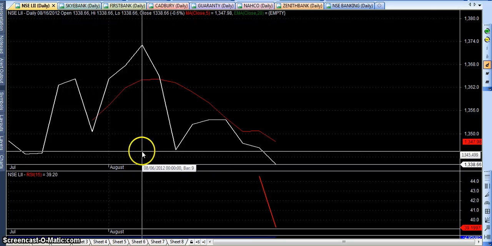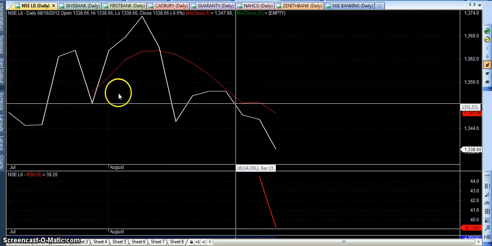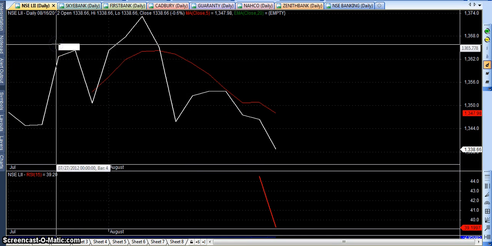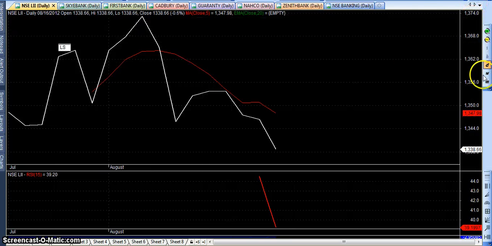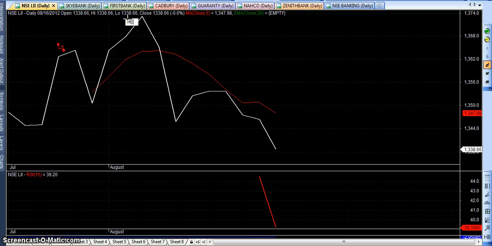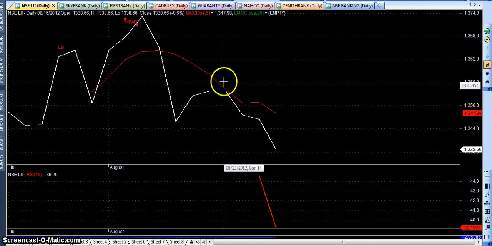LII is still new. We are seeing that same pattern of the head and shoulder formation. That is the left shoulder, the head, and the last one is the right shoulder.